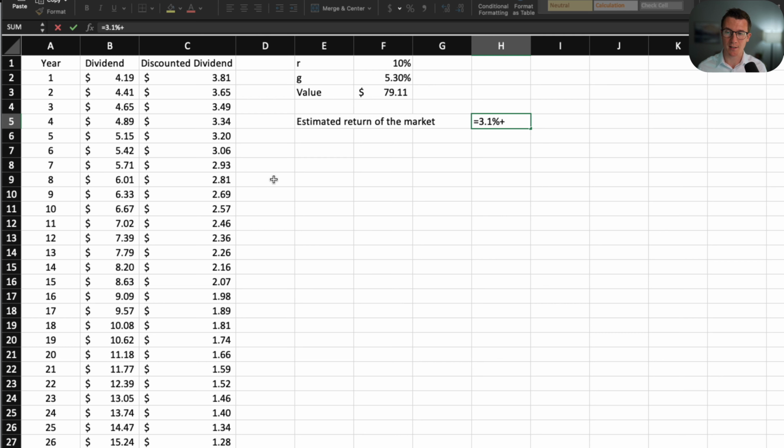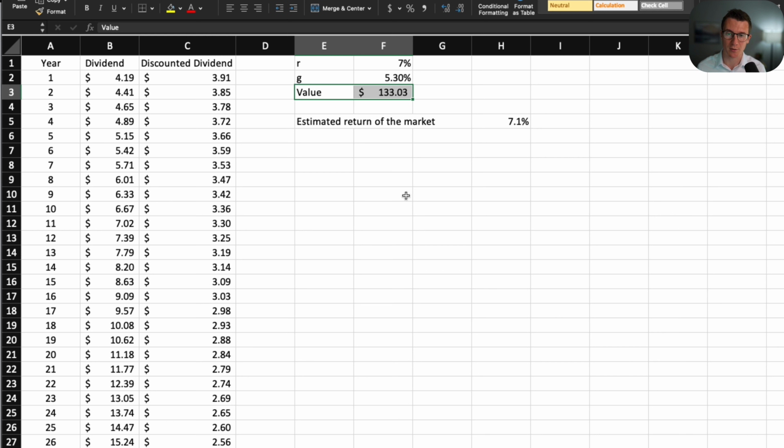So if we just say, okay, stocks are going to make, say, 4% more than that, we come up with 7.1%. So if you wanted to match the same return as the market on Johnson & Johnson stock, you can put in 7.1 into R. And you can see that the less you require your return to be, the higher the estimated value goes.